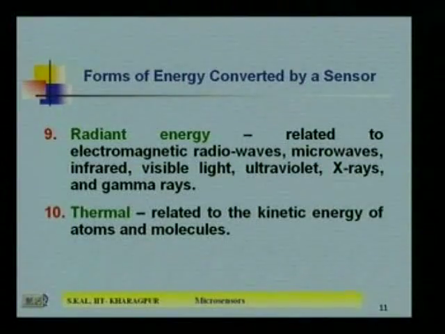Okay? Now, other forms are also there, radiant energy and thermal energy. Radiant energy is related to the electromagnetic radiation: radio waves, microwaves, infrared, visible light, ultraviolet, X-rays and gamma rays. Those are radiant energy. Many of these energies are available in space.